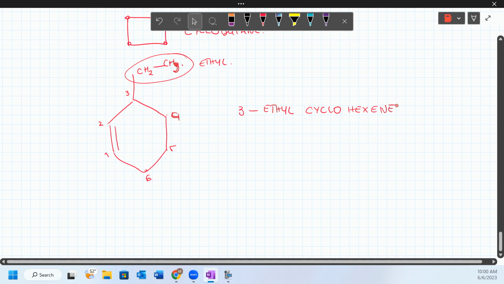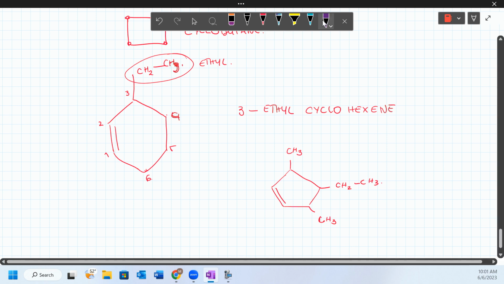Make sense? So let's suppose you have a pentagon, and then you have a double bond here, and here you have a methyl, and here you have a methyl, and here you have an ethyl.